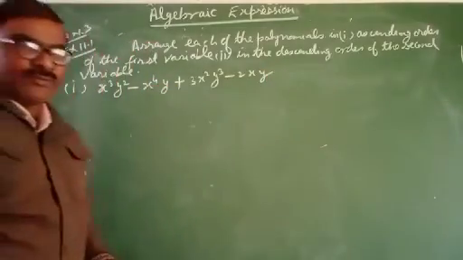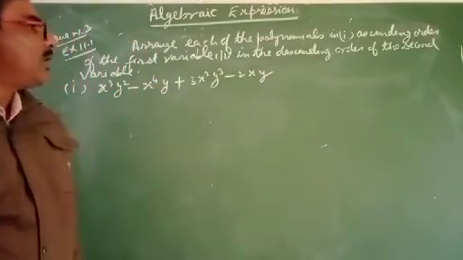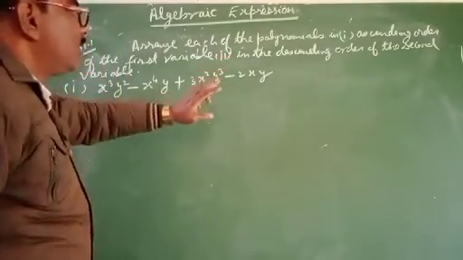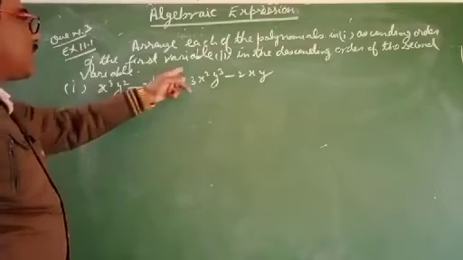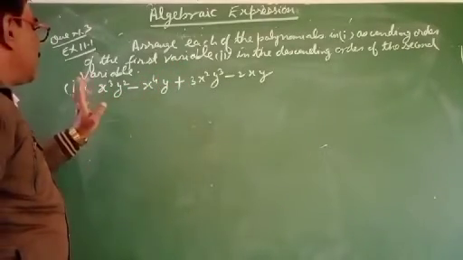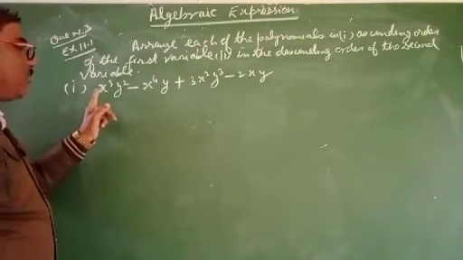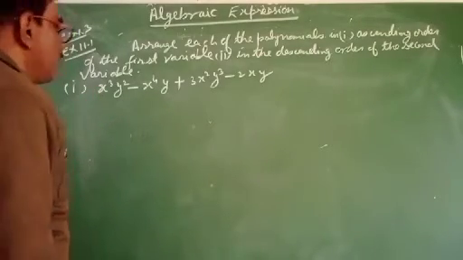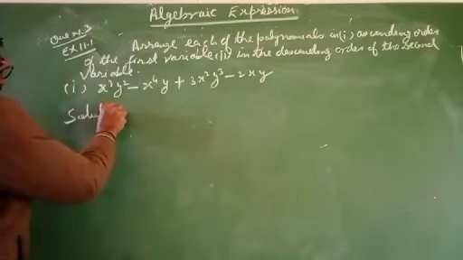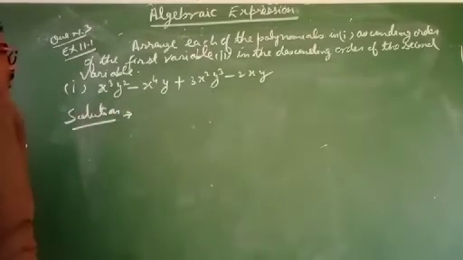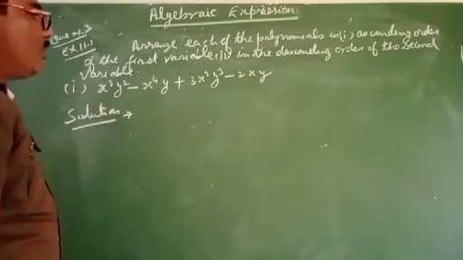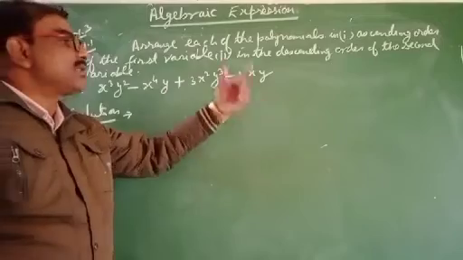In the given question, we have to arrange in ascending order of the first variable. Here the first variable is x, so we have to arrange this variable in ascending power.